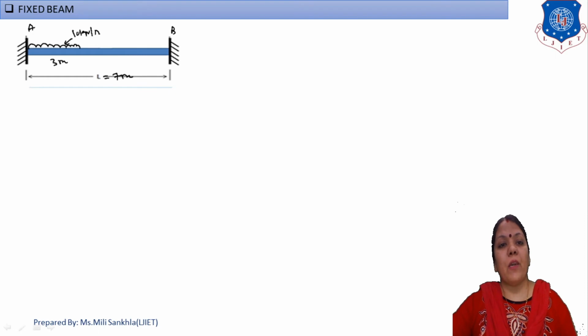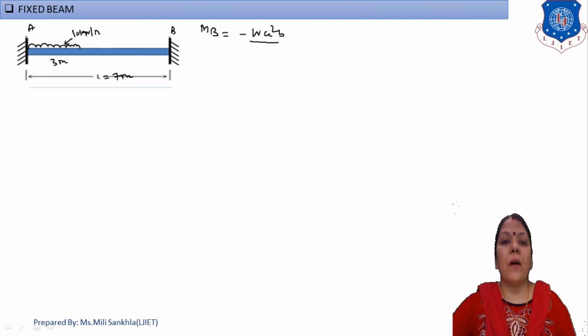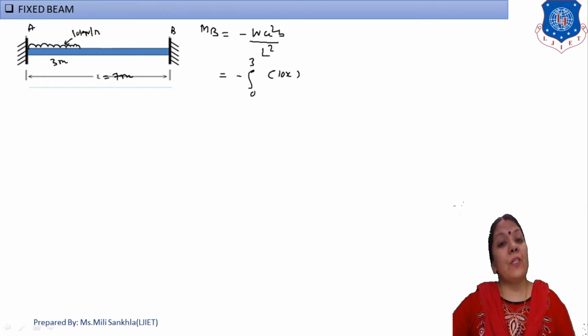Okay, now my equation of moment at B is equal to minus W A square B by L square. Okay, limit 0 to 3 mention here, minus limit of 0 to 3, and W is equal to 10x, and value of A is equal to x.